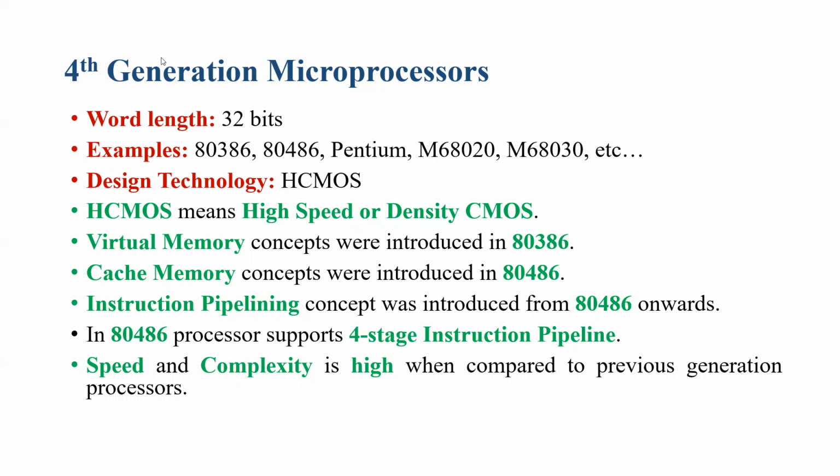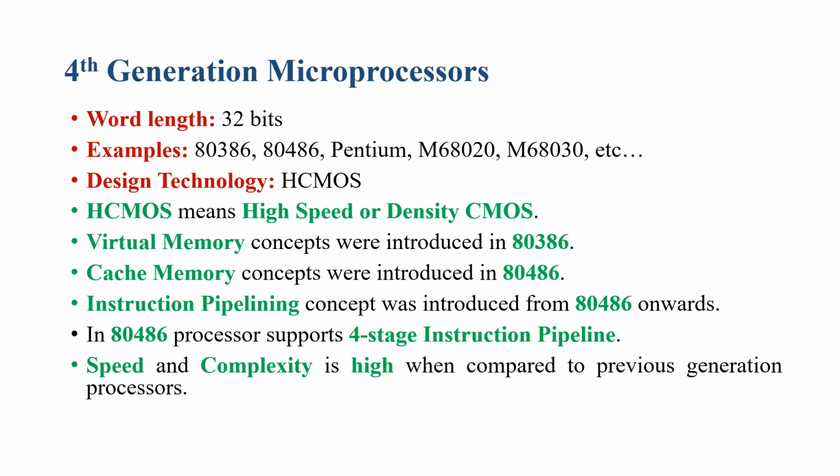The design technology for fourth generation processors was HCMOS, meaning high speed or high density CMOS technology. One interesting thing is that to improve the speed of operation of systems, we use some concepts like the virtual memory concept, cache memory concept, and instruction pipelining concept. These concepts were introduced in this generation of processors.